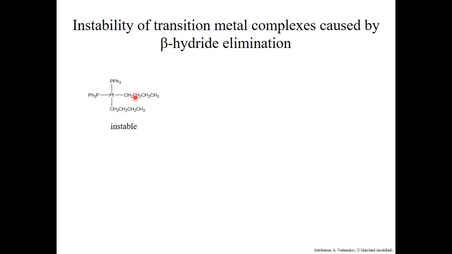Therefore, these hydrogens can become reactive toward the metal. The hydrogen here occupies a vacant site, which is produced by the statistical loss of the triphenylphosphine ligand. The hydride unit moves over to the platinum, and the platinum-carbon bond moves over there in order to make a carbon-carbon double bond.